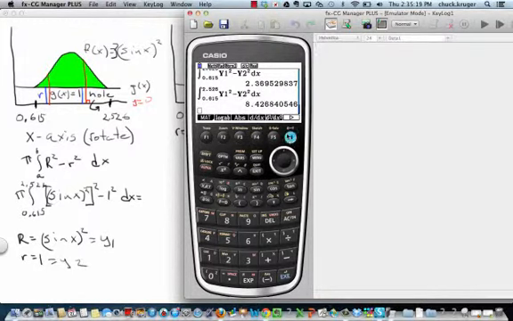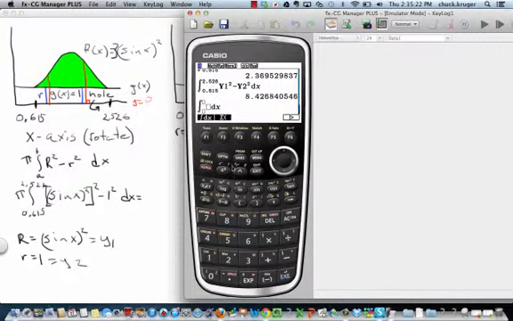I'm going to go to math here, go to my integral. Again, I'm going to go to bars, go to my graph, grab my y1, and I'm going to have that squared minus my y2 squared, and then I want 0.615 to 2.526.